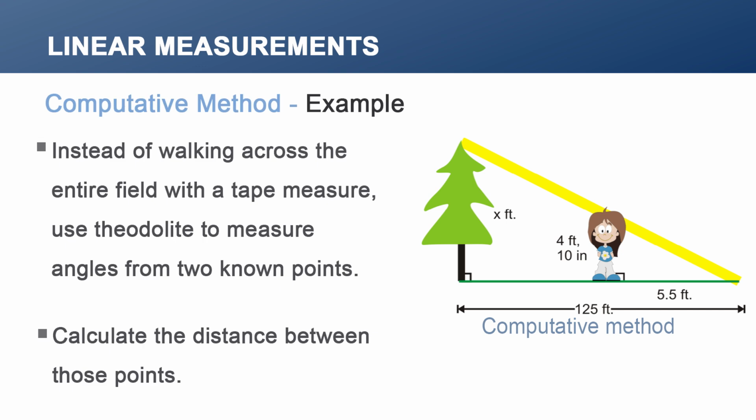Instead of walking across the entire field with a tape measure, you use a tool called a theodolite to measure angles from two known points. With a bit of math, you can calculate the distance between two points without stepping on the area between them. Each method has its own limits on accuracy.